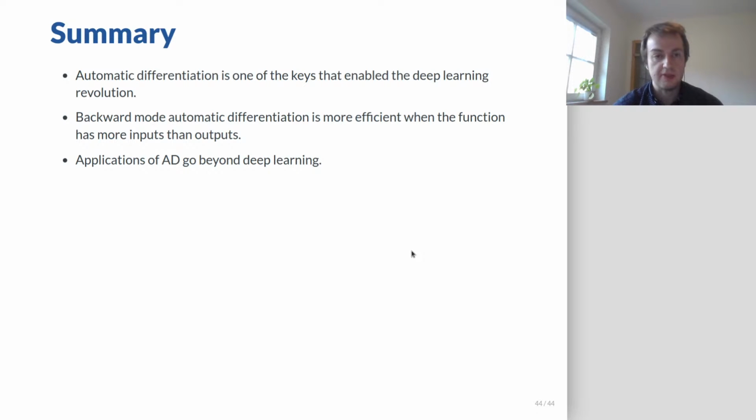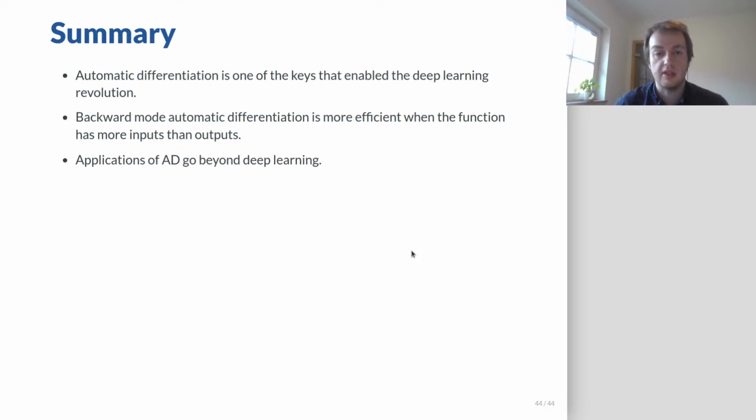Then the second message for today is that backward mode, or reverse mode, automatic differentiation is more efficient when the function has more inputs than outputs. That's basically what you should remember, and that's basically what usually is the key in deep learning, because in one place or another, you will connect your neural networks to a loss which is scalar.